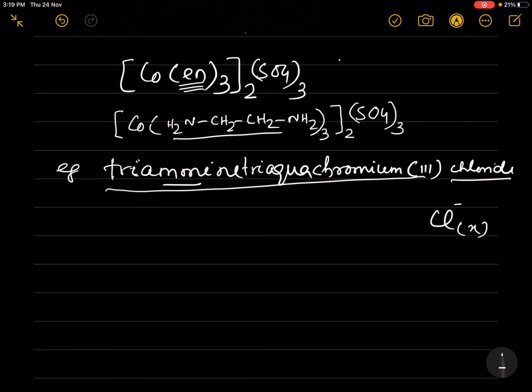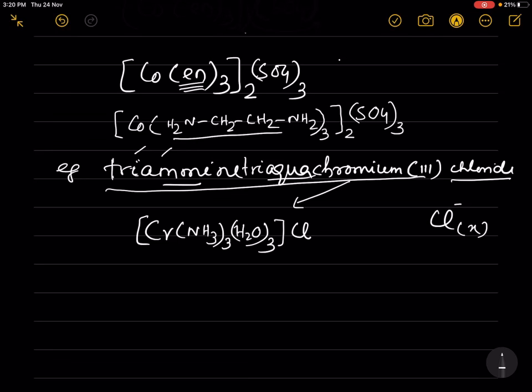Here the central atom is chromium, after the starting of the square bracket, chromium, then triammine means we have to write 3 ammonia molecules, then aqua, then chloride, but we have to find the number of chlorine atoms as counterions.